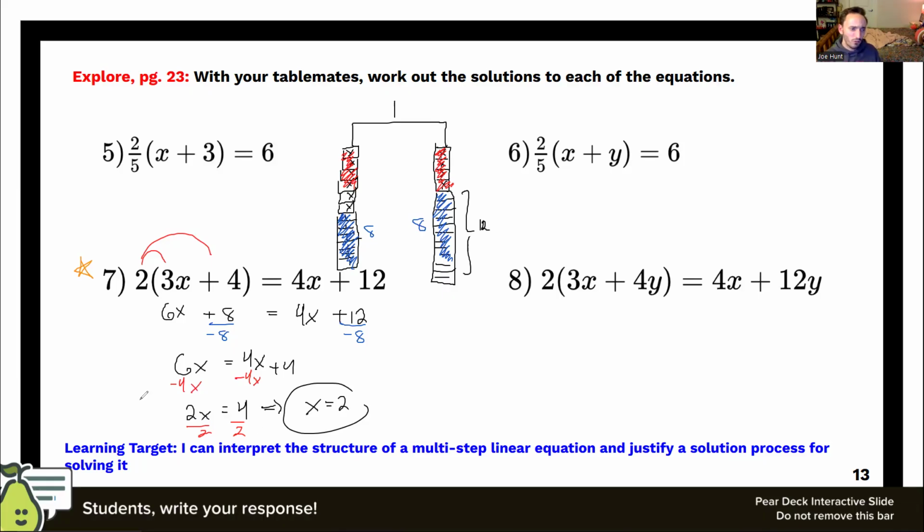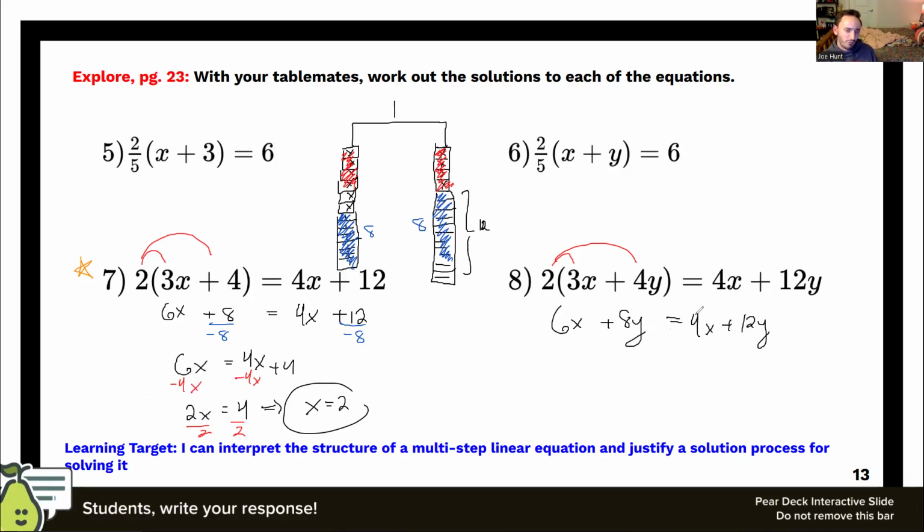It'll show up over on the next slide for part 8, where after you do that distribution step, you might not necessarily be moving all the variables to one side and all the constants to the other, primarily because there aren't really any constants at all anymore, right? There's all variable terms. But think of it this way.